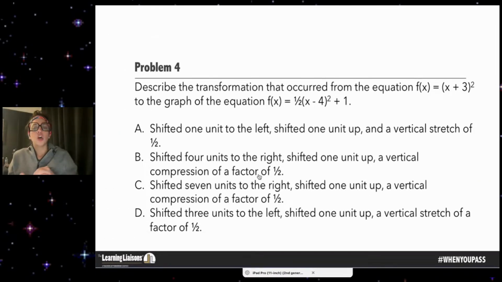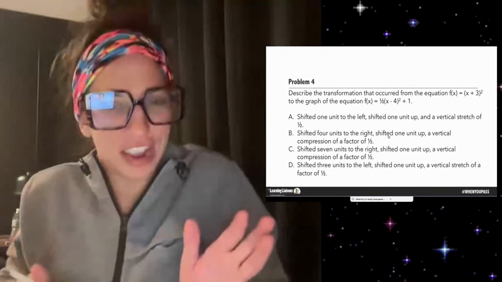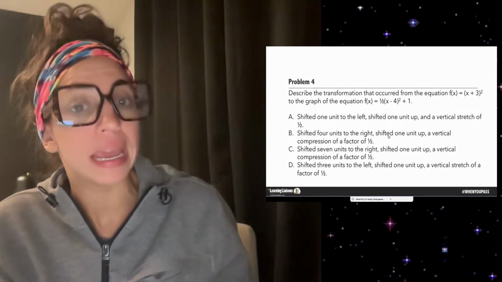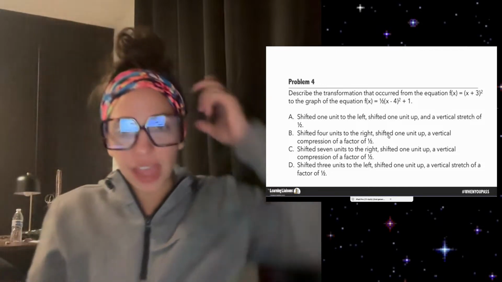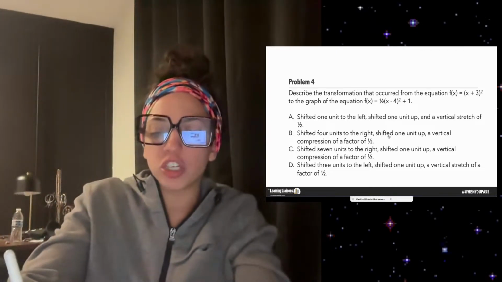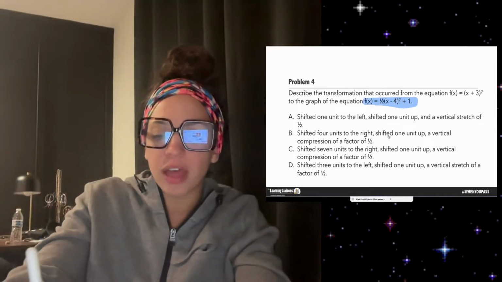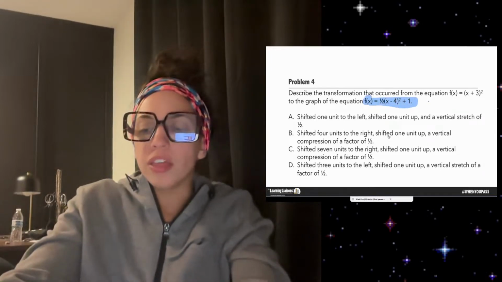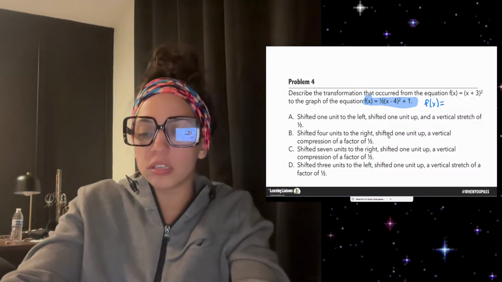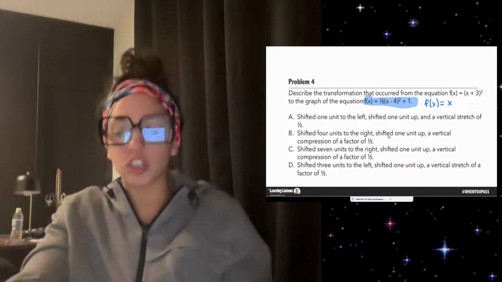All right. Here's the error. We're on a little error trend today. The error that people are going to make here is that they are going to look at the transformation of this graph compared to the original x squared graph.